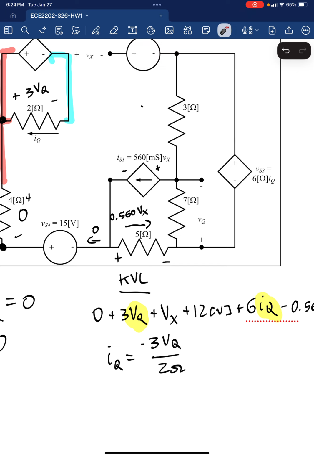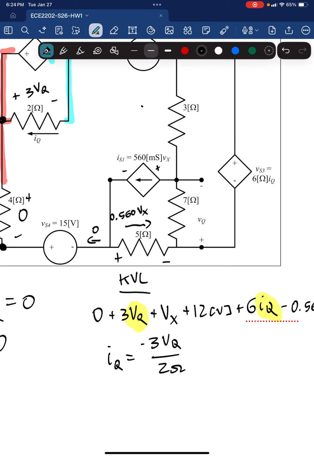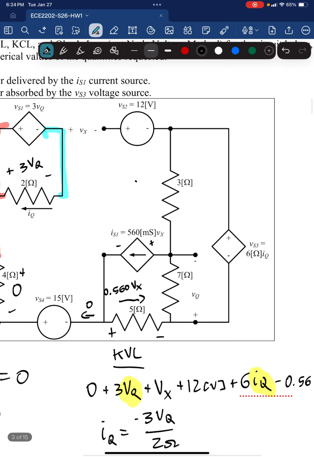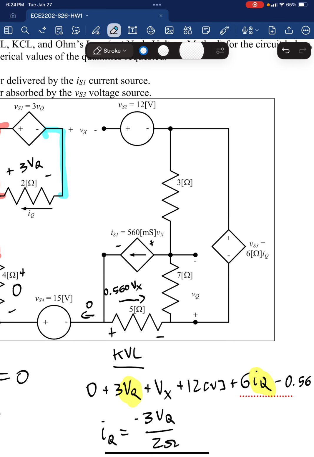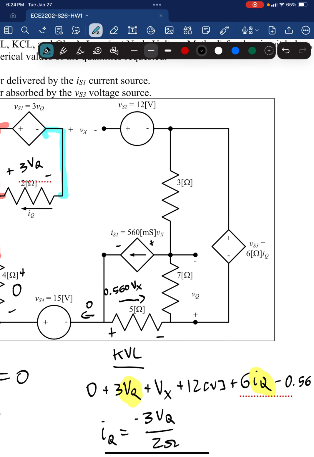Now, the part that's tricky about this is that leaves one other path for us to take. However, we still are dealing with an unknown voltage right here across this 3 ohm resistor. But there's an easy way that we can solve for that. But in order to do so, we are going to have to define a new variable.